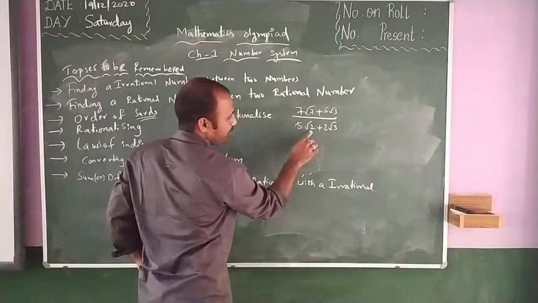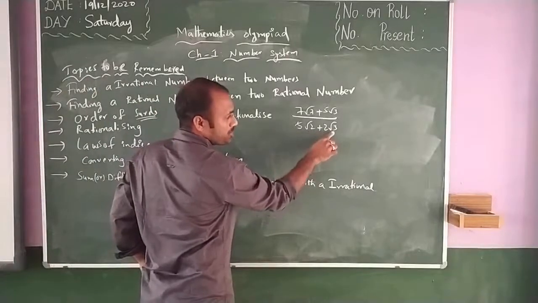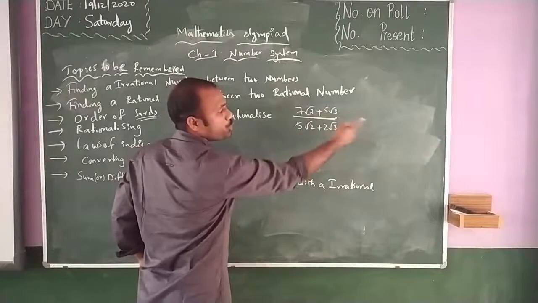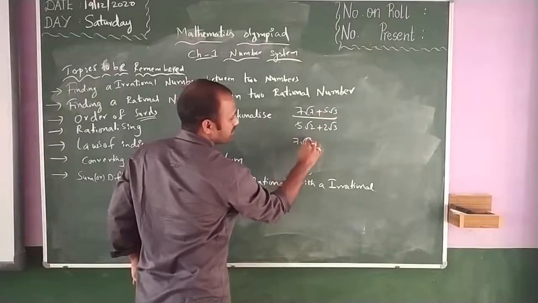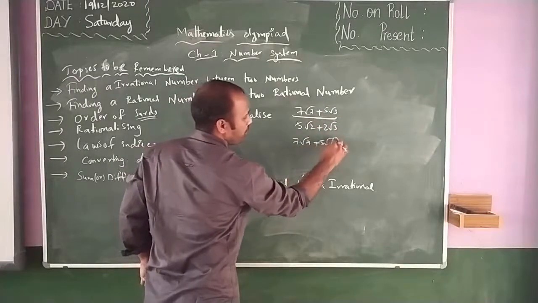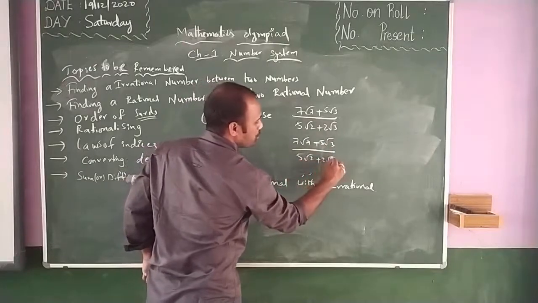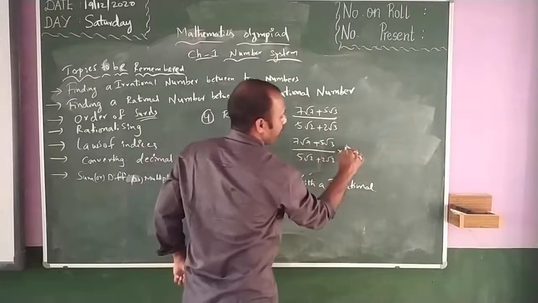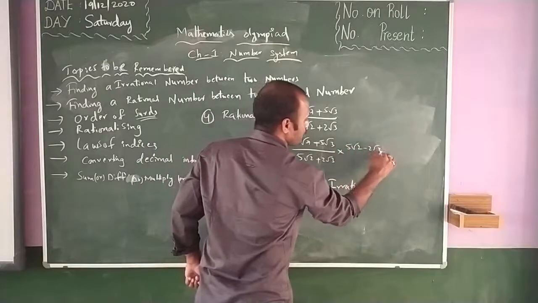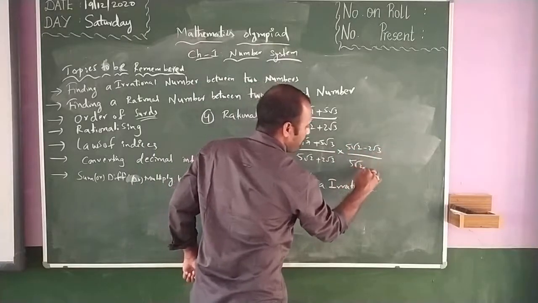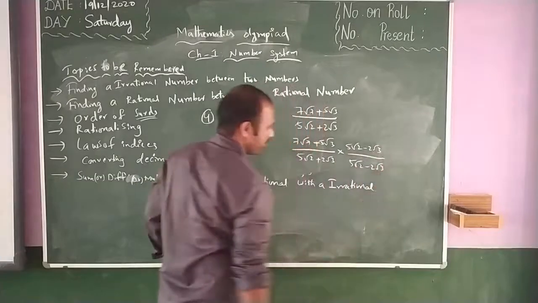So the rationalizing factor of 5 root 2 plus 2 root 3 will be 5 root 2 minus 2 root 3. So we can write it as 7 root 7 plus 5 root 3 divided by 5 root 2 plus 2 root 3, into 5 root 2 minus 2 root 3 divided by 5 root 2 minus 2 root 3.